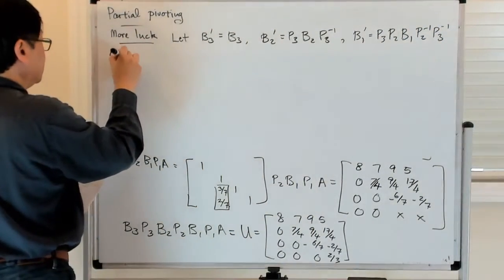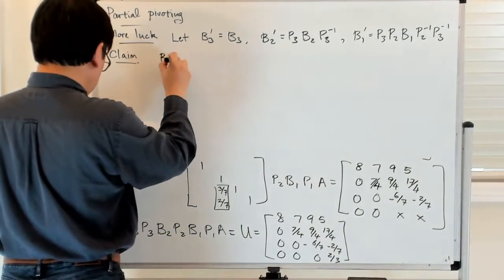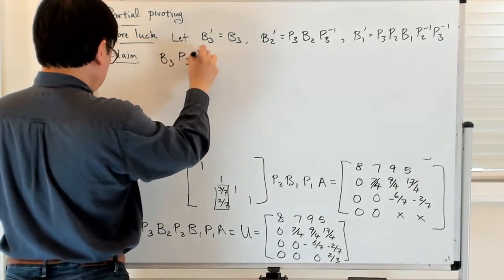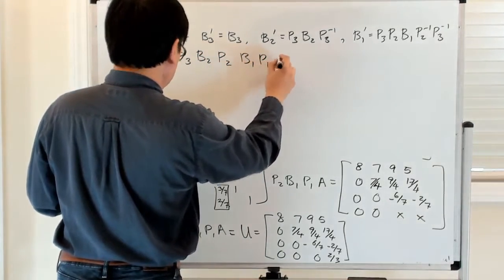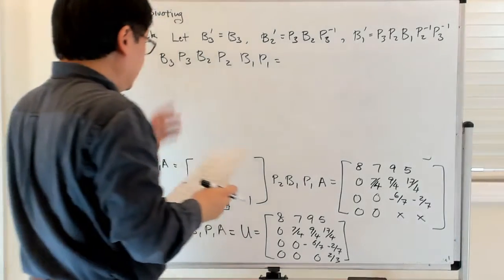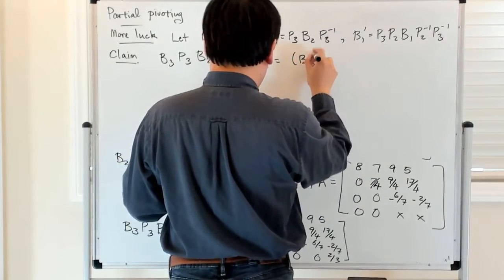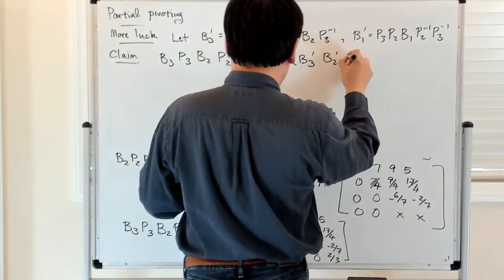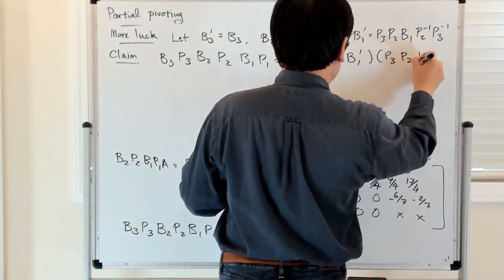Then the claim is as follows, that B3, P3, B2, P2, B1, P1 looks like the following. Okay, so this becomes B3 prime, B2 prime, B1 prime, P3, P2, P1.